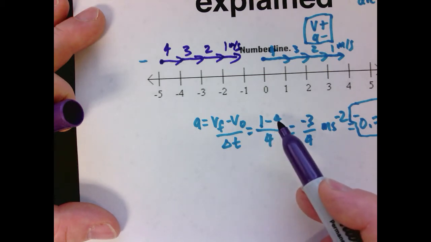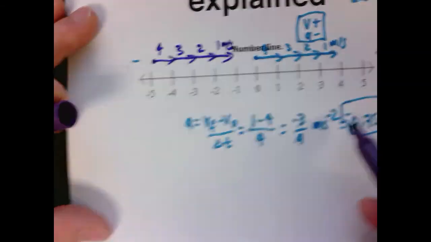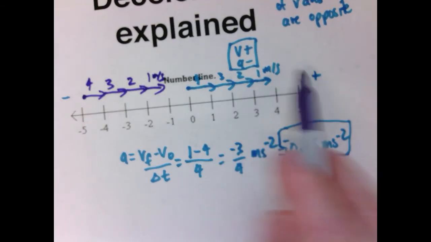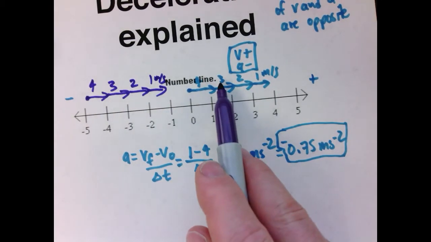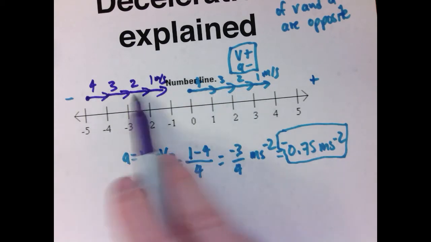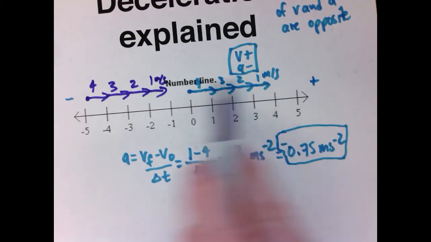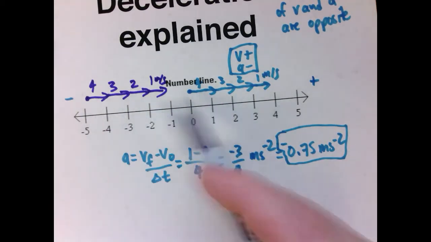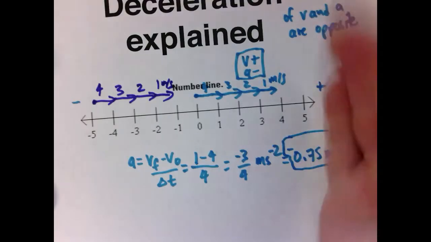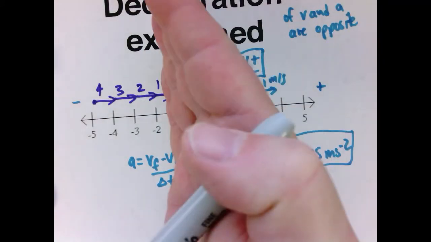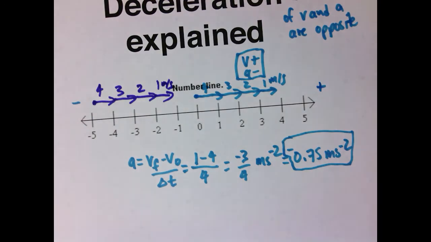Our initial is 4 over 4 seconds. It will be negative 0.75. Doesn't matter where we are on the number line. Our velocity is positive. Our acceleration is in the opposite direction, or negative direction, because the force that would be applied to cause that is pointing in the negative direction.